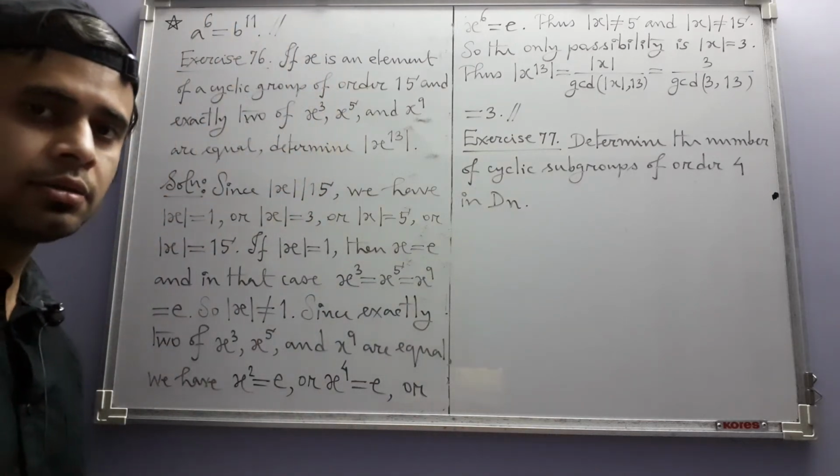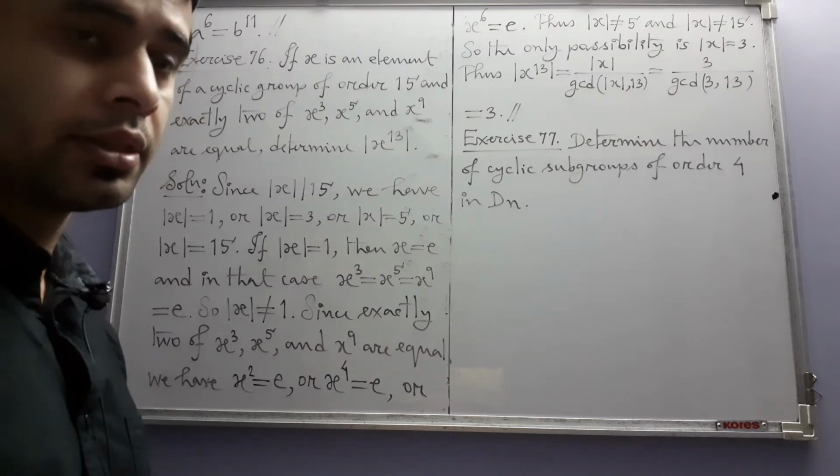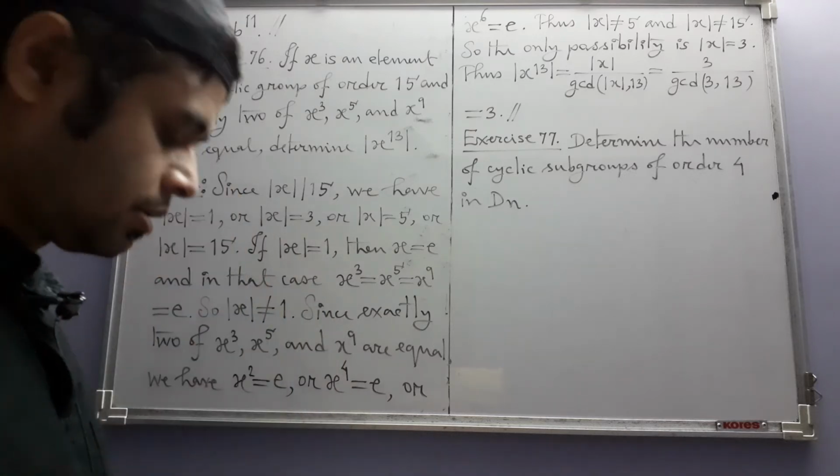So in the dihedral group Dn, how many cyclic subgroups of order 4 are there? We have to find that number.